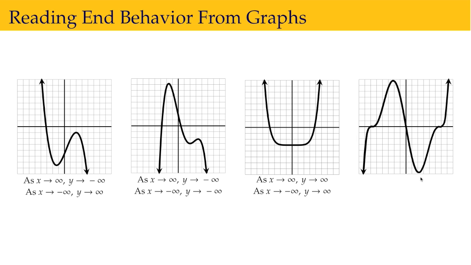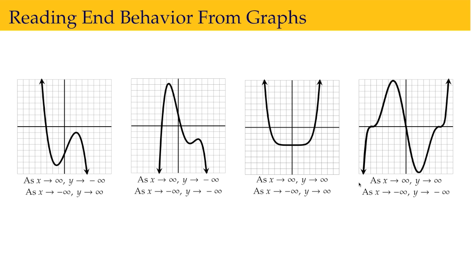And finally, on this last wiggly little one, as x goes to positive infinity, that means I'm looking at my right end. This is going up, so y goes to positive infinity. And as x goes to negative infinity, so I look at my left end, y goes to negative infinity. This is going down. So that's reading end behavior from graphs.